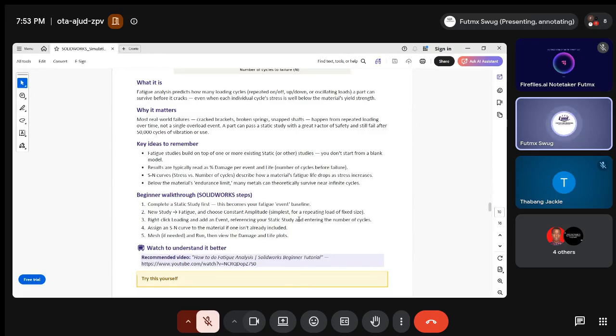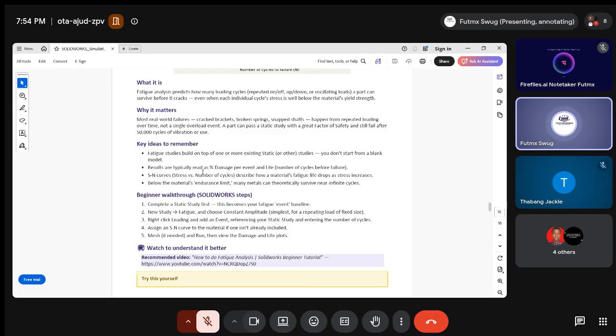So you need your static study to be able to do your fatigue study, because it's more like you are applying that same load for a varying amount of time, or that same load repeatedly. So you are not changing anything from your static study, but you are trying to run it for a longer time to see, okay, when I apply this load repeatedly, how does it behave? So that's where your fatigue study comes into play.